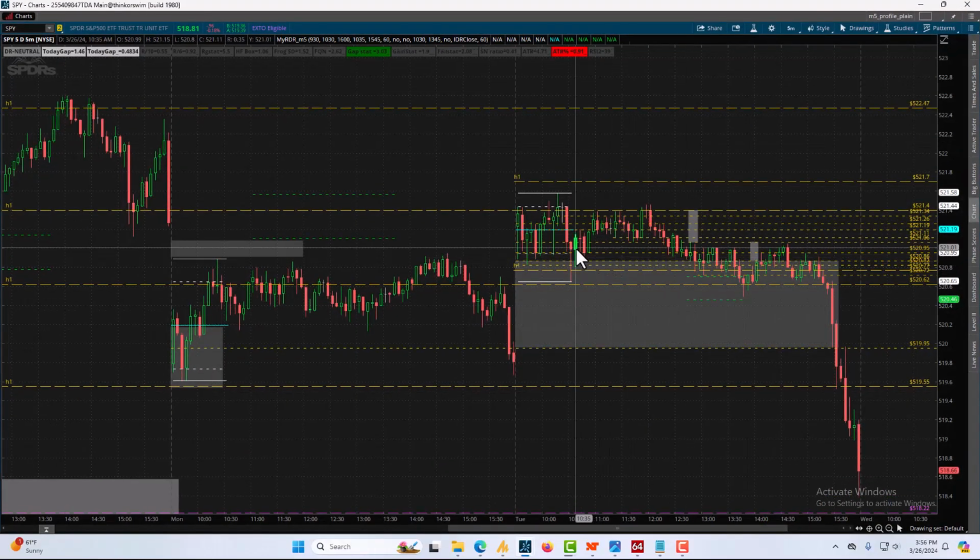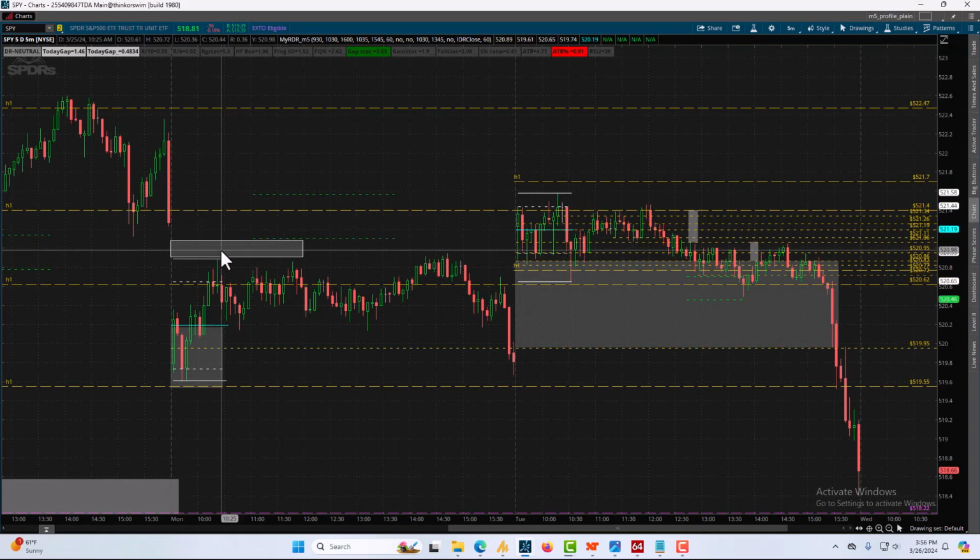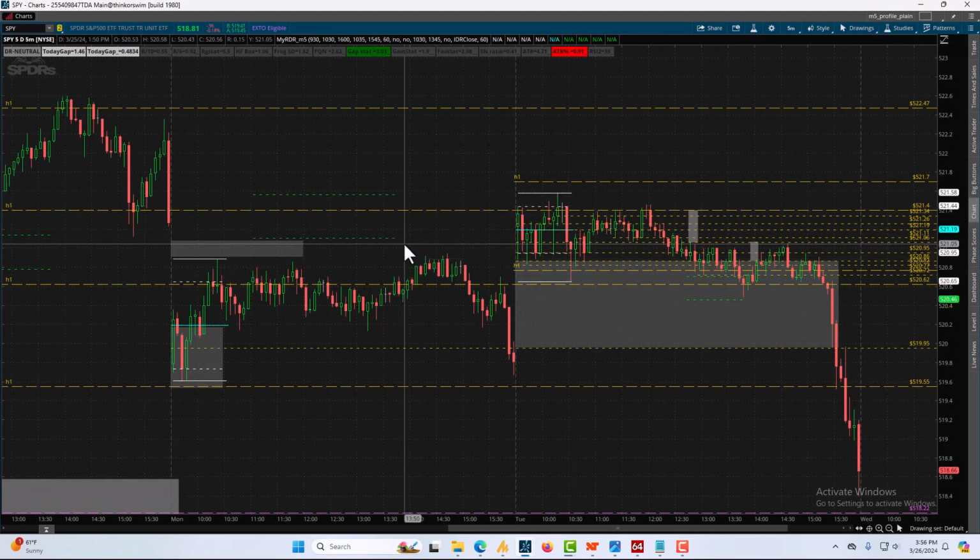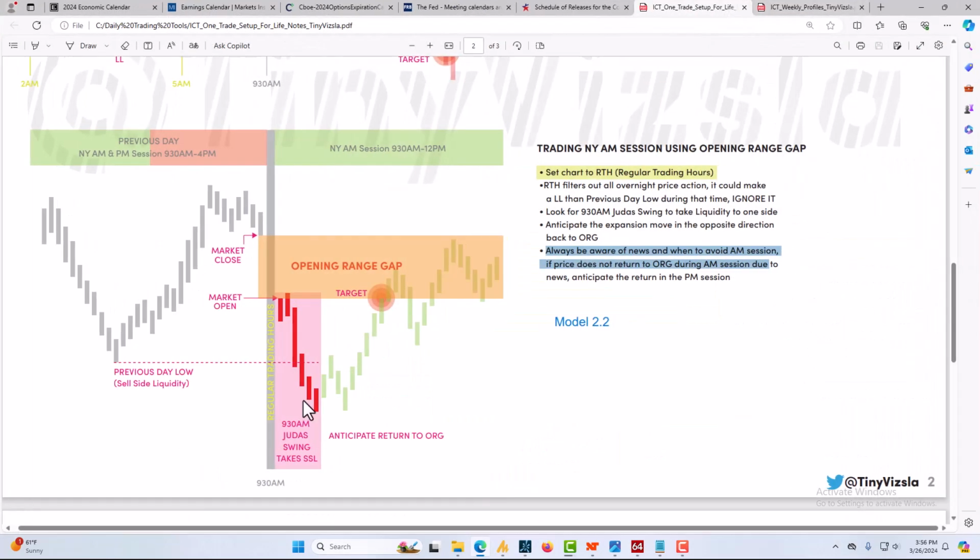Which gives us the idea that it is a Judas swing at 9:30, checks out, stays above the Friday high, right, which is this one, or stays below the Friday low, which is the opposite.